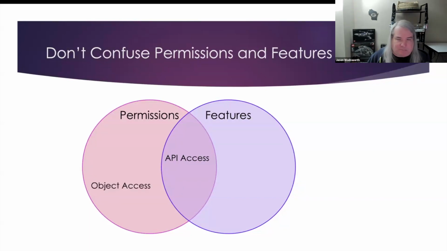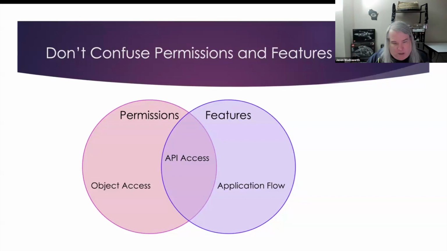So permissions, for example, quite often go into object level access. Right? So I can access the feature of viewing files, but I can only view this file and not that file. That's permissions, right? Permissions allow you to go down into object level stuff. Features vary in a different way in that they can affect application flow.